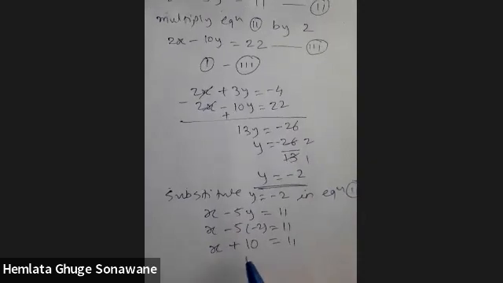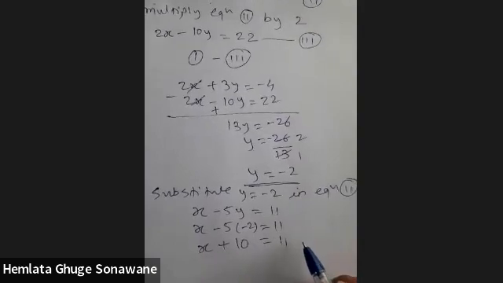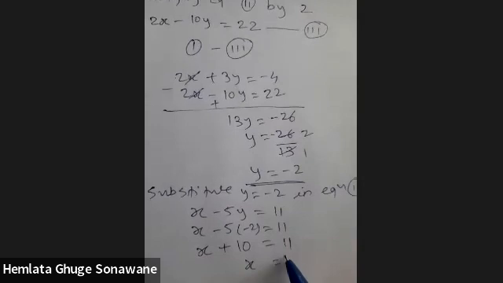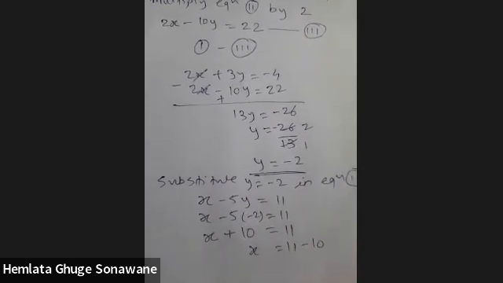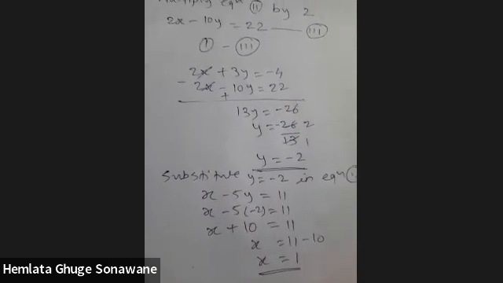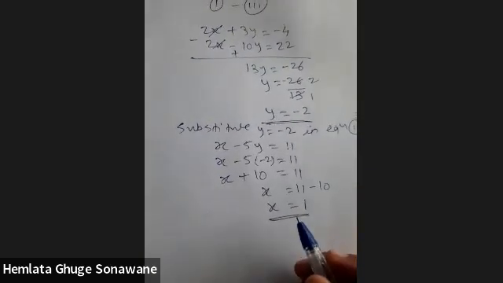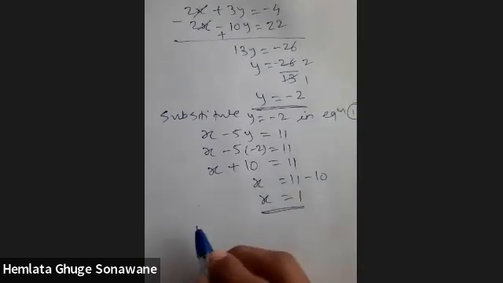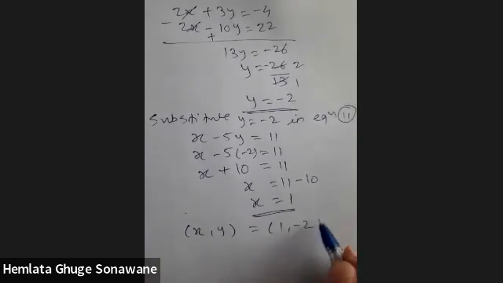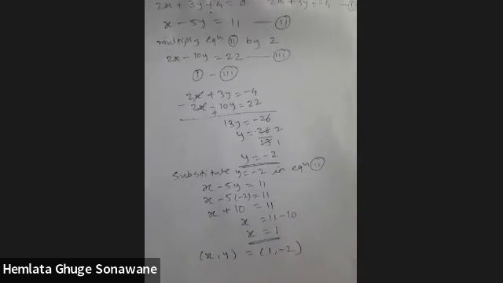Now we have got x plus 10 is equal to 11. This plus 10 becomes minus towards the right hand side. So we'll write x is equal to 11 minus 10. 11 minus 10 is 1. So we have got the value of x as 1. This is the solution of the given equation. That is values of x and y as 1 and minus 2. Just go through the solution.